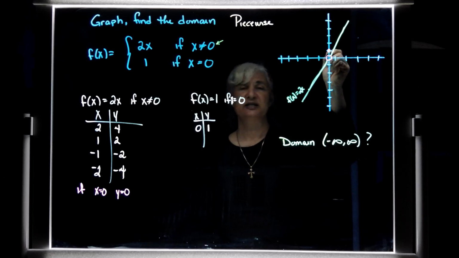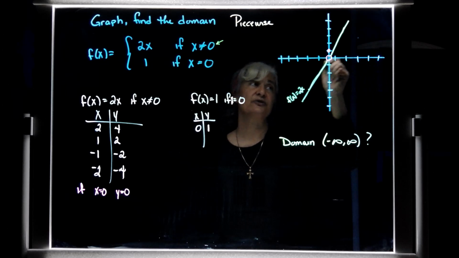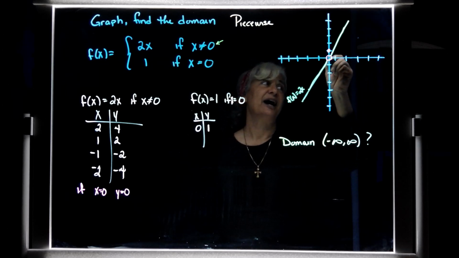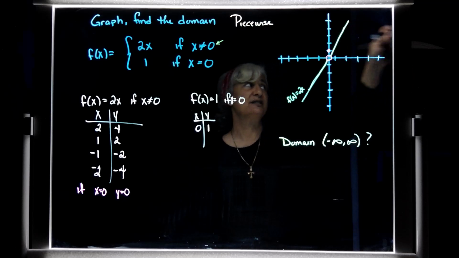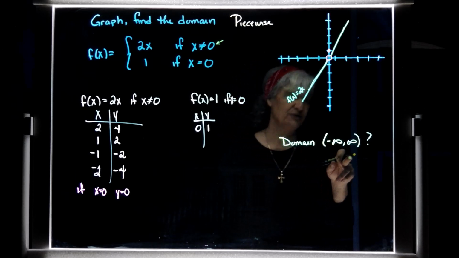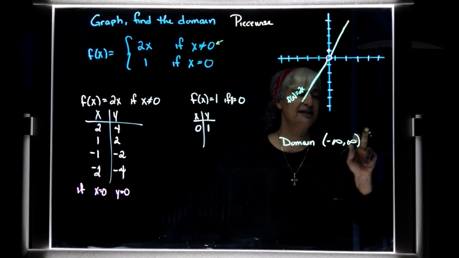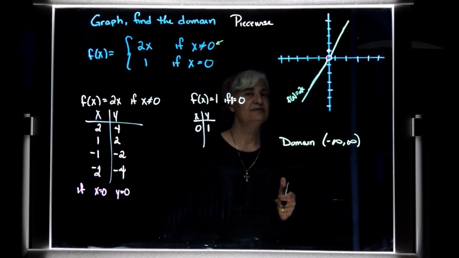That's okay, because this portion of the graph does use the 0 for x. And then when I continue past the 0 to the right of 0, again, I'm going to end up all the way to positive infinity for the x's, because eventually this thing will go that way. So is this the domain? It certainly is. The domain is definitely negative infinity to positive infinity. Good? Okay.